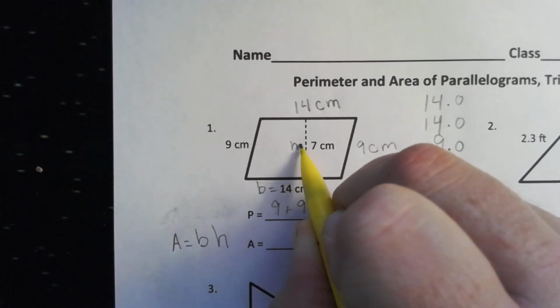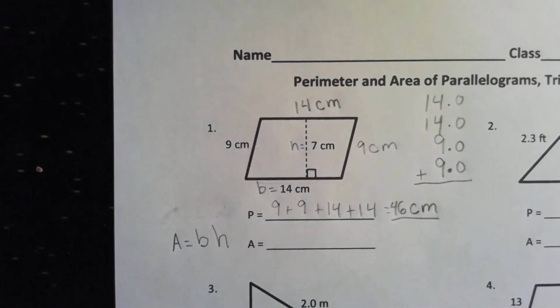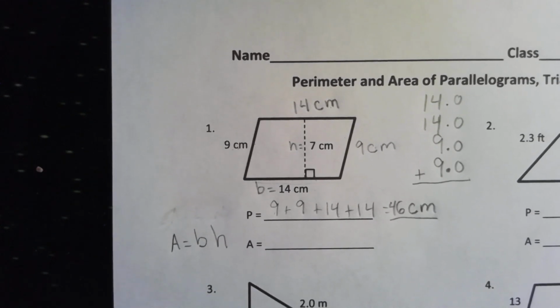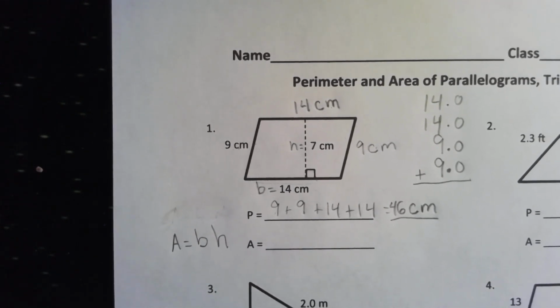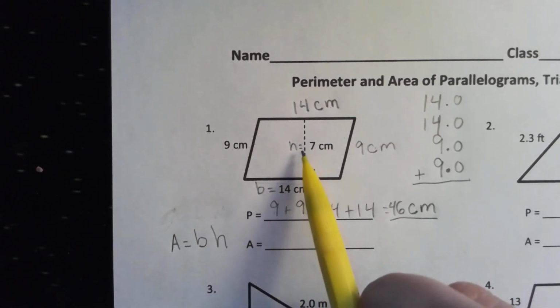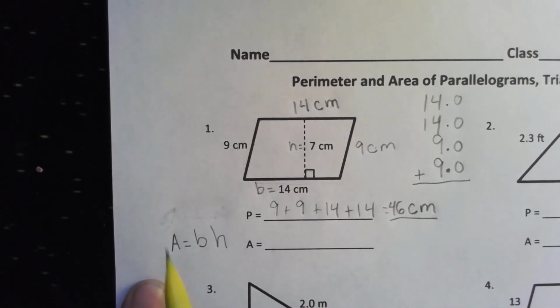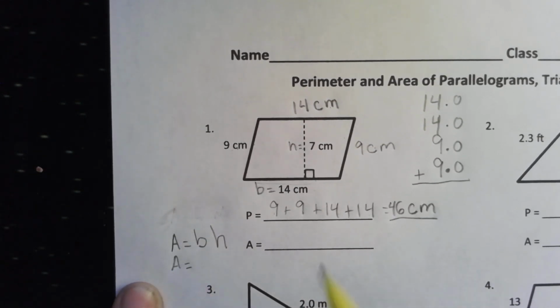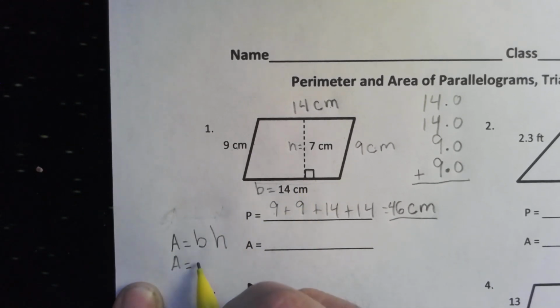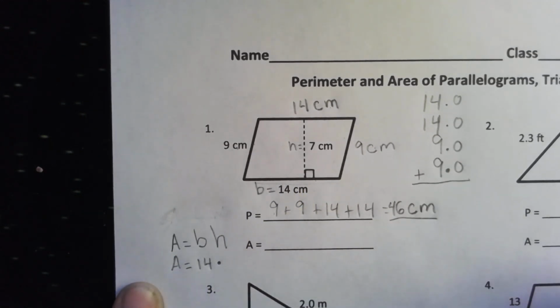Remember I said we'd get back to that 7 centimeters. The reason we have that dotted line is to make sure we know exactly what the height of the figure is. So in this case, it's going to be base here and height here. Now we've got our formula, so we want to find area. So let's fill in our formula with what we now know. We've identified it, let's fill it in. So we're going to have 14 times, and in this case I'm going to use a dot.